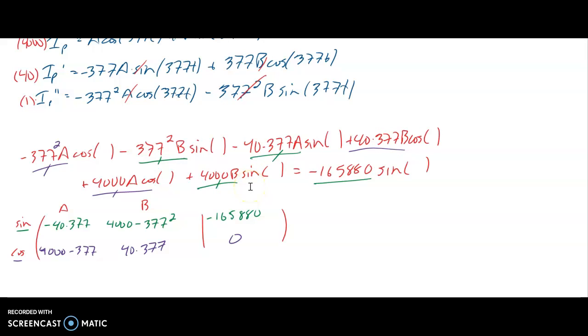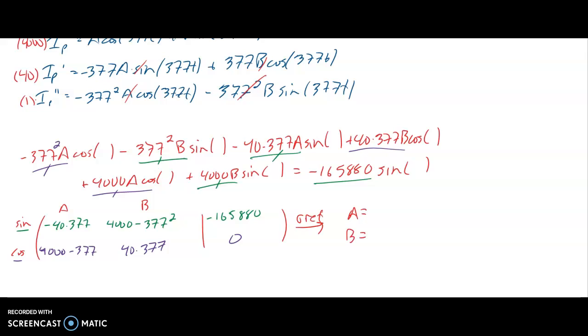All right, so from here, I'm not going to show this step on the calculator, but you just plug this into your matrix on the calculator. You can plug it in just as is. You can type 40 times 377 in that A entry, and this times this in that B entry, and it'll just do that math and give you whatever that decimal is. Then we're going to go ahead and RREF, and I get A equals, B equals.